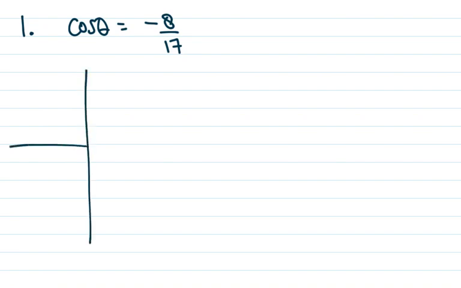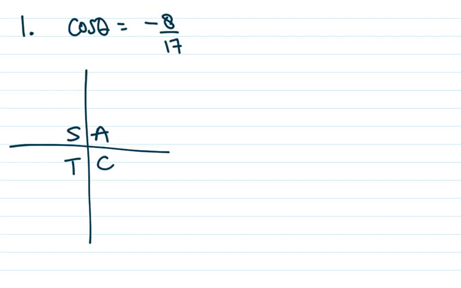Given that cos theta equals negative 8 over 17, find any values of theta that produce this ratio for the domain of 0 to 360. So theta is between 0 and 360, and there's going to be 2 solutions actually. So we're going to look at our coordinate plane, and we're going to look at where is cos negative, because this number is negative.